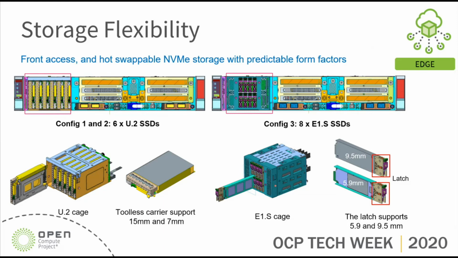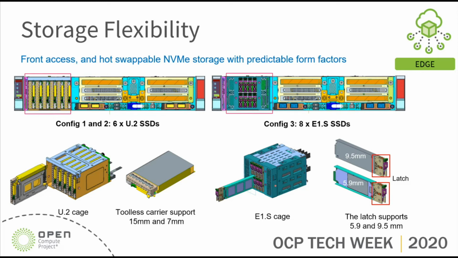You may find we have designed a standalone U.2 cage to hold the 6 pieces of U.2, and each U.2 carrier is toolless for maintenance, and is also applicable for both 15mm or 7mm height U.2.